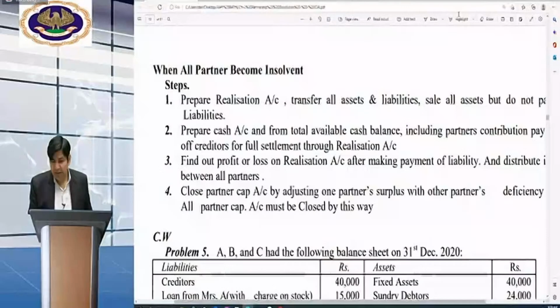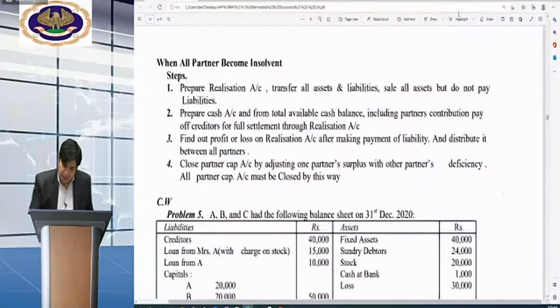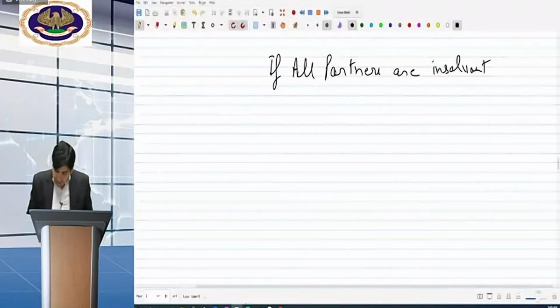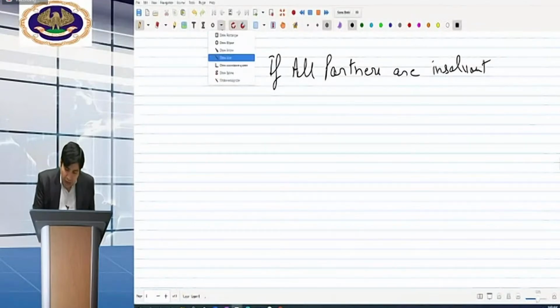Anyways, if all the partners become insolvent, then what do we have to do? In step number 1, transfer all assets at book value except cash and bank, but do not transfer liabilities. Why, sir? Because, beta, here you see how we shall do.